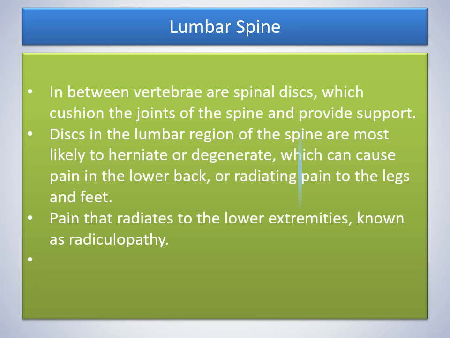Those discs on the lumbar spine are most likely to be herniated or degenerate, which can start causing some compression on the nerve that can be associated with lower back pain, which sometimes can, or not, radiate the pain all the way down the leg and down to the feet. This pain that radiates down to the lower extremity has a name in medical terminology. It's called radiculopathy. Radiculopathy is a pain that radiates all the way down the leg.